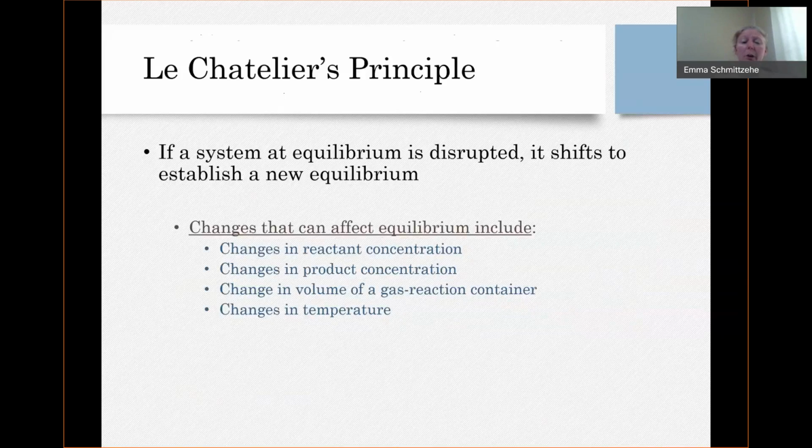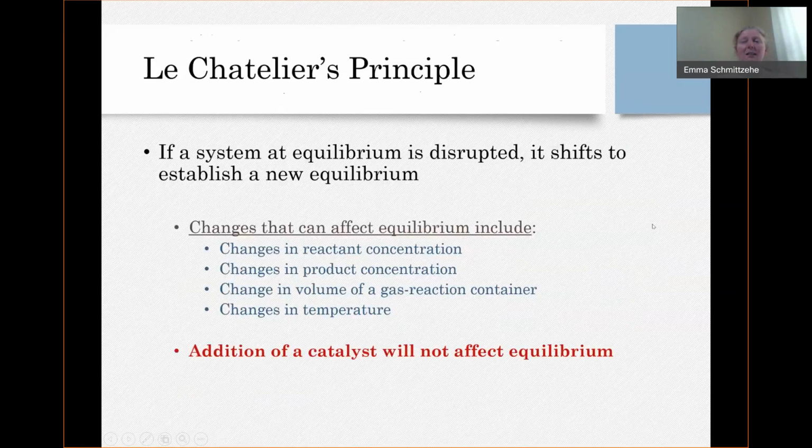Changes in temperature are another thing. The reason changes in temperature would affect it is because changes in temperature affect the K value. So it'll increase or decrease the K value by changing the temperature, meaning the reaction then will need to reestablish equilibrium. Now, one thing that's really important that you realize is that a catalyst does not affect equilibrium.